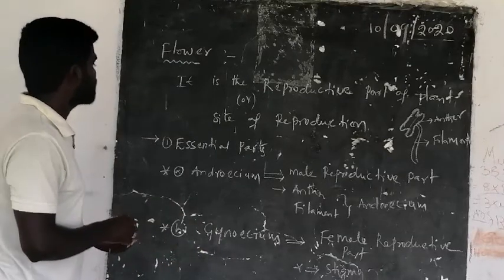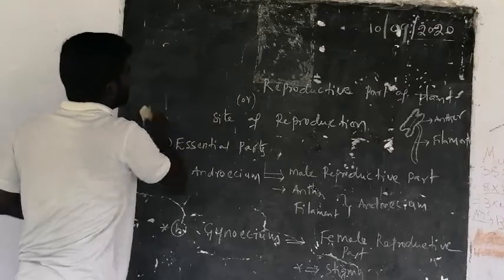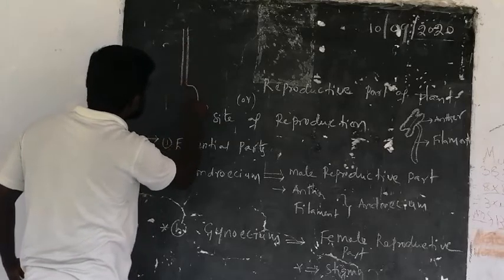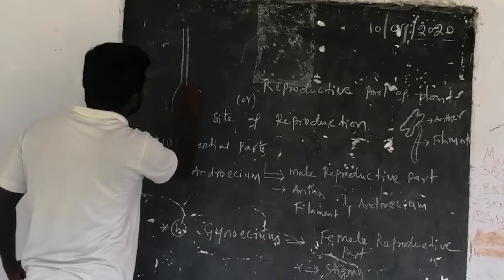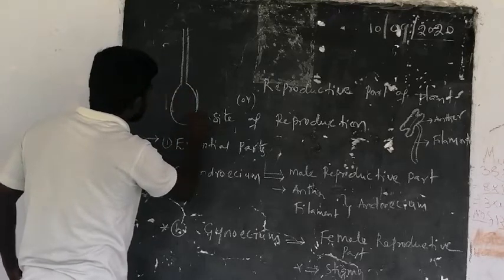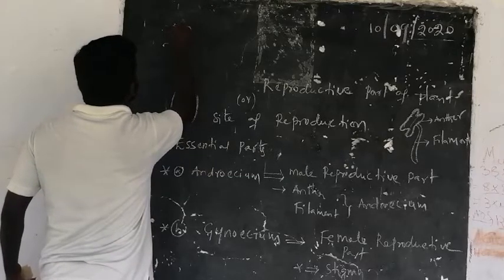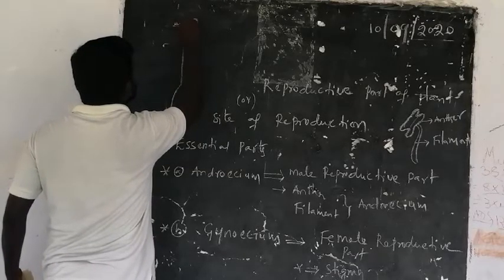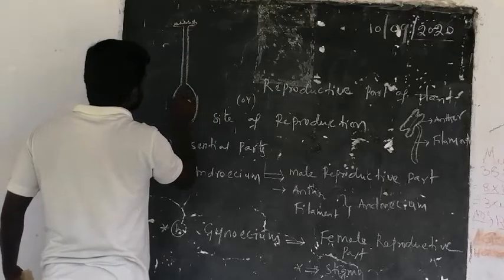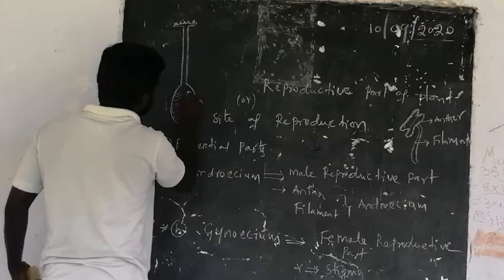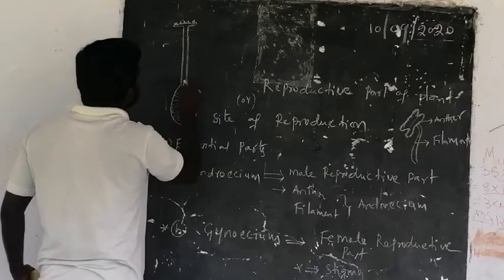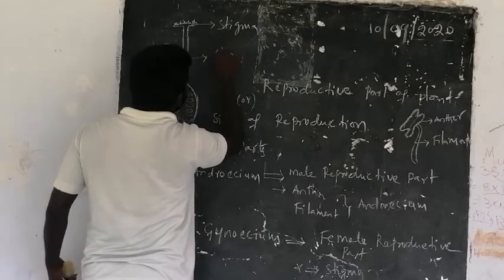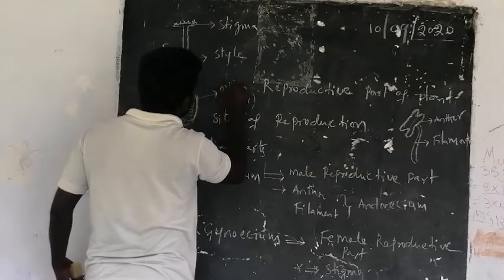Let us see the rough diagram of this gynoecium. Here, this is the stigma, and this is the style, and this is the ovary.